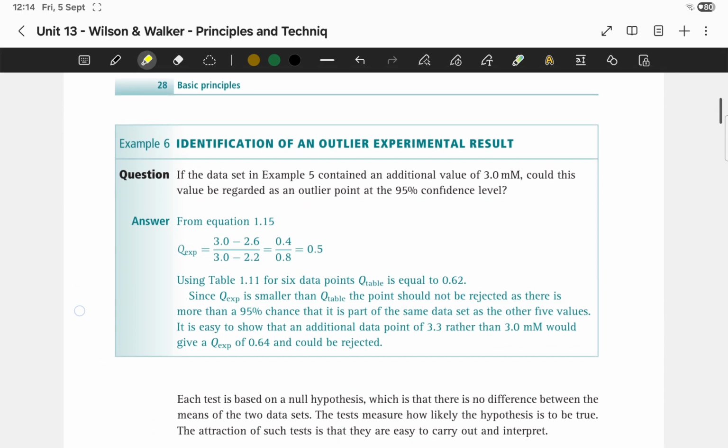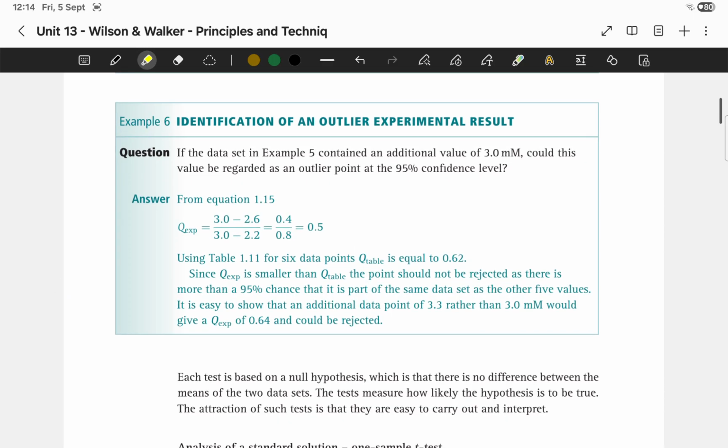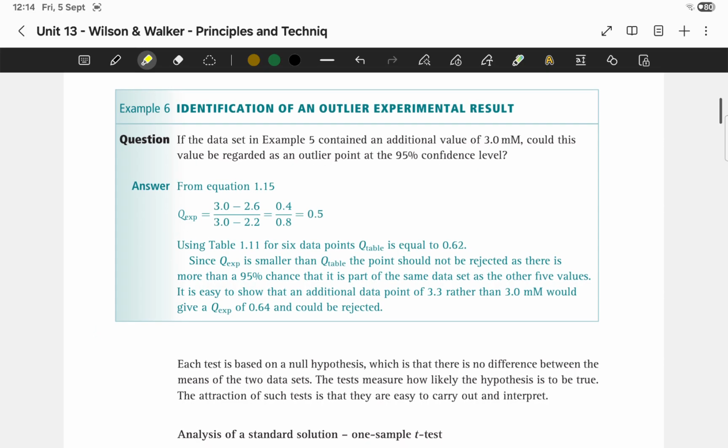Is this the question? If the data in the set in example 5... outline, point out 95%. So this is the gap and this is the range.